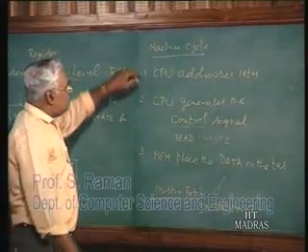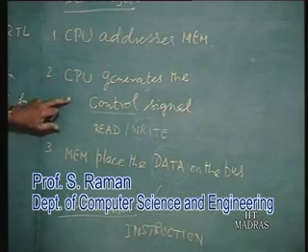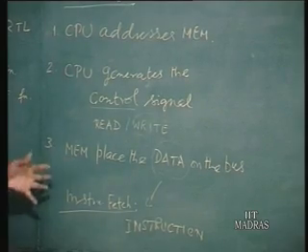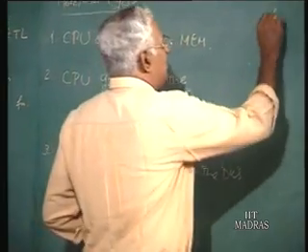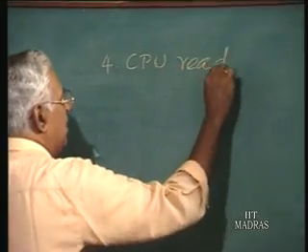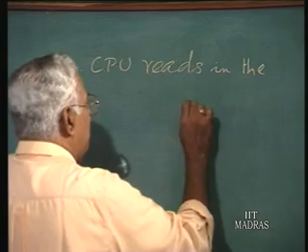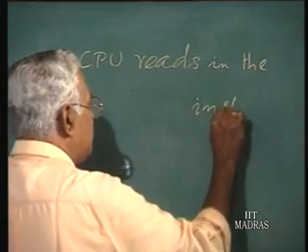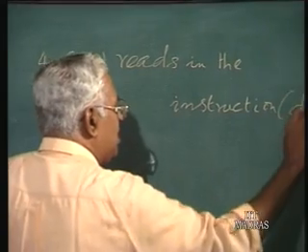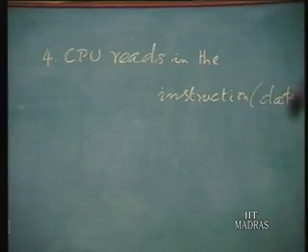Good. So now CPU addresses the memory, CPU generates read signal, and memory places the data on the bus, I said. Now obviously the next step will be CPU reads in this case the instruction, right, because I said instruction fetch, but in general this is nothing but a data which the memory has responded with.